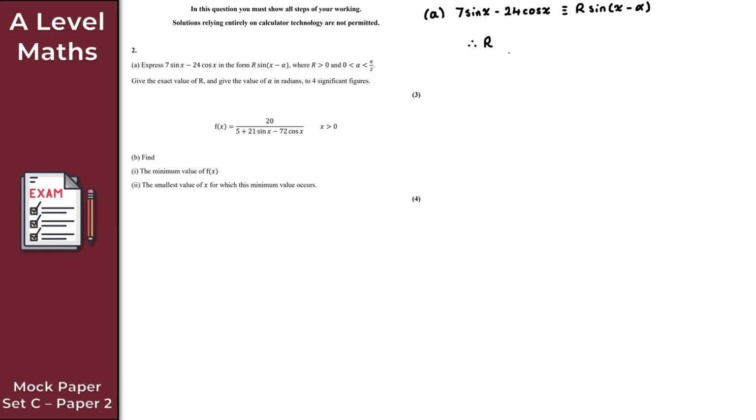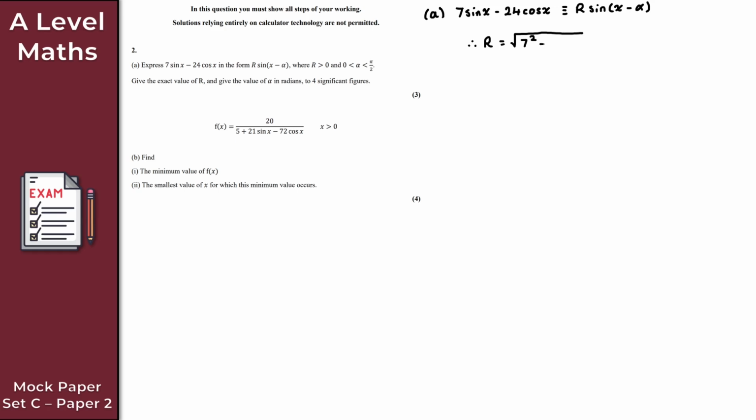let's evaluate r. Don't forget that to evaluate r is simply an application of Pythagoras. Straightforward stuff, right? From GCSE maths. So this here is the square root of 7 squared plus minus 24 squared.